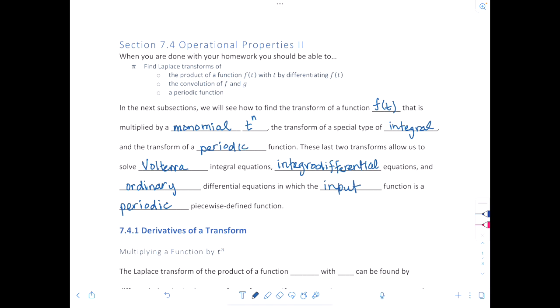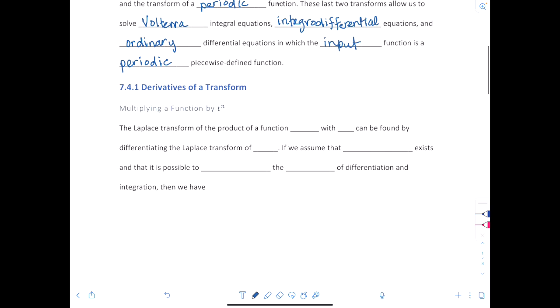So, starting with derivatives of a function, the Laplace transform of the product of a function, f of t, with t, that just t to the 1, can be found by differentiating the Laplace transform of f at t.